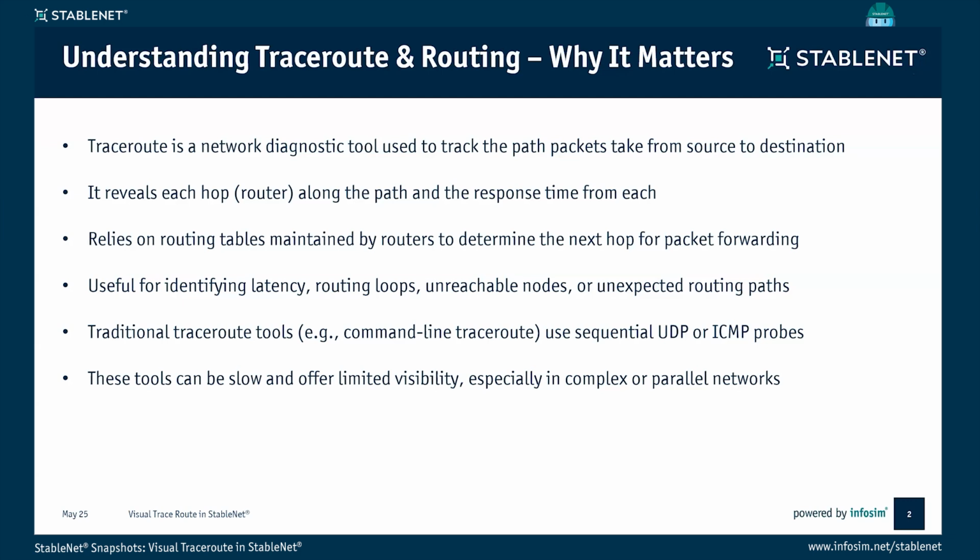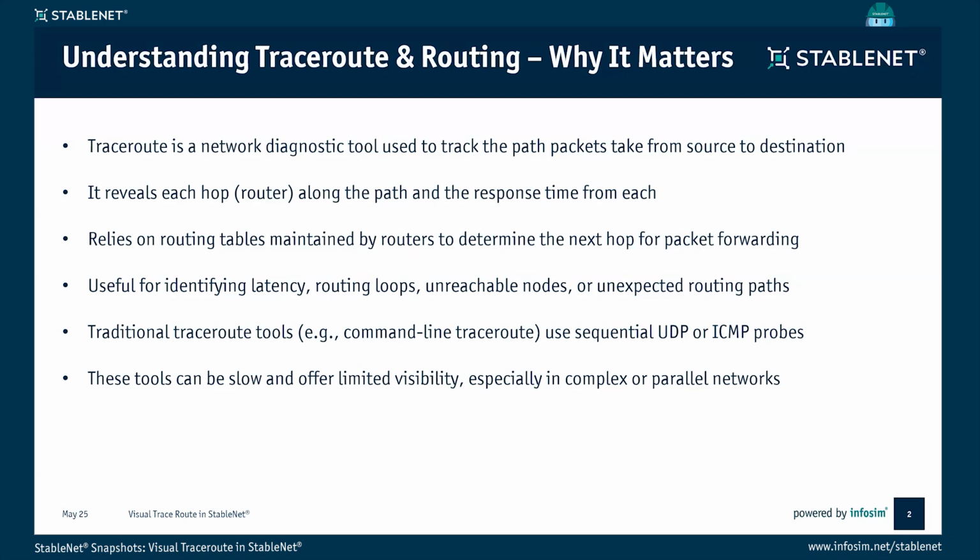Traceroute helps us identify where an issue might be occurring, whether that's latency, dropped packets, unreachable devices, or even routing loops. It's a valuable tool for troubleshooting performance problems or verifying the path of the traffic.